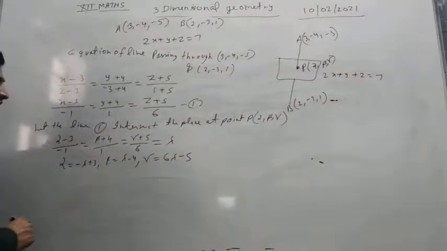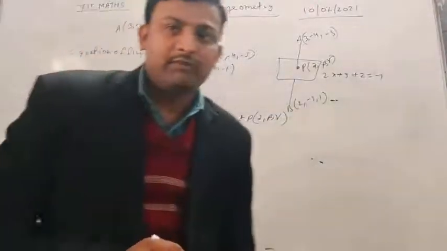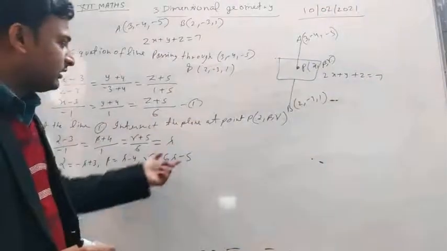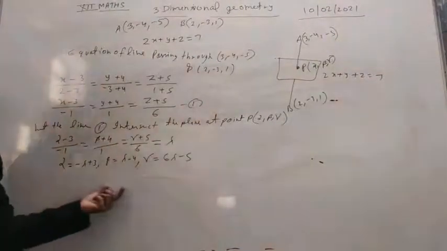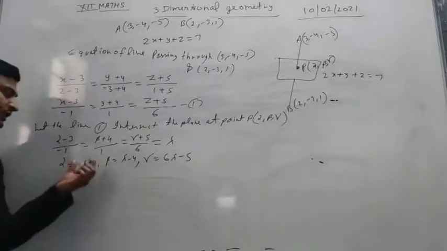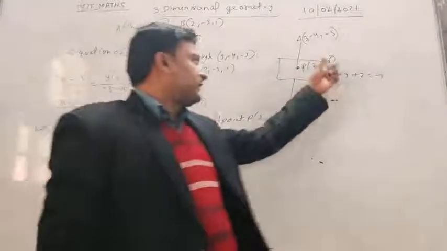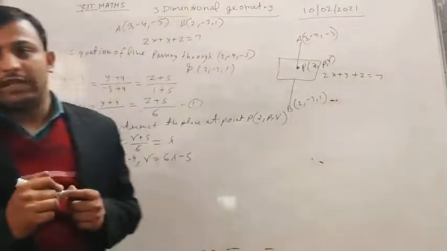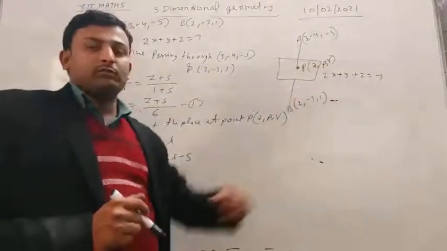Okay students, so the coordinates of alpha, beta, gamma we have found out, because from this equation we can get the general values of alpha, beta, gamma on that line. So students, now we see that this point alpha, beta, gamma also satisfies the equation of the plane, because this is the point which is the intersection of this line and plane.